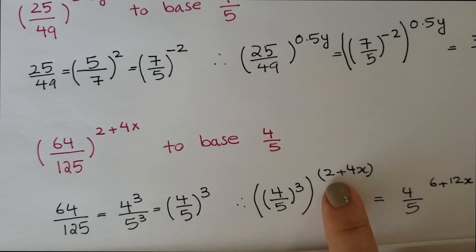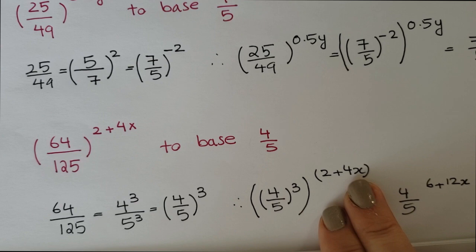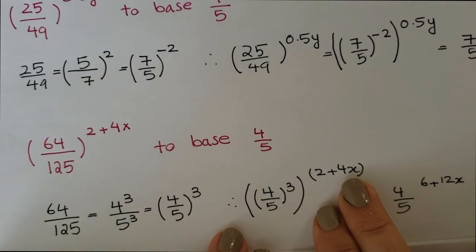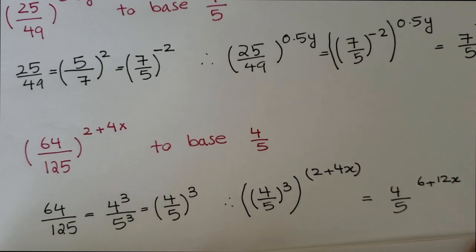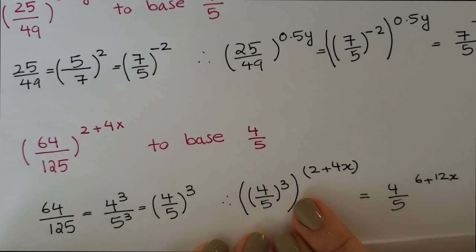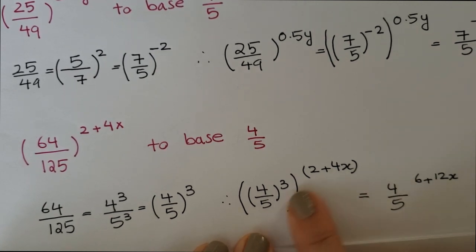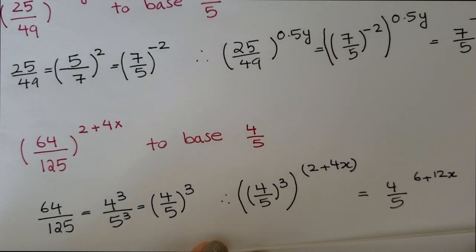It's got two different terms. One of them is a constant, the other one is a variable, right? And with a coefficient. So here it doesn't matter. Remember what I told you, the exponent could be anything. So you write the base and you just simply multiply these two exponents together, so it would turn into 4 over 5, the base doesn't change, and then the exponent will change into 6 plus 12x.